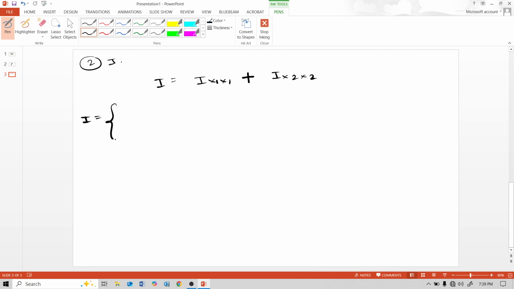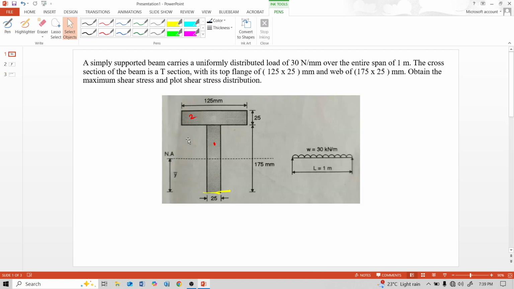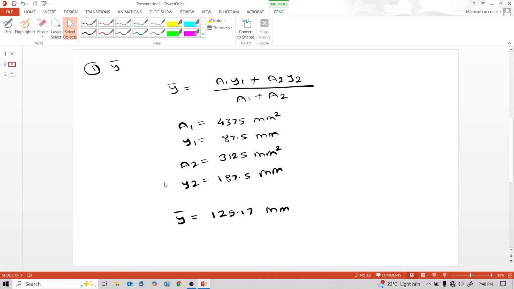We found the neutral axis is at a distance 129.17 mm from the bottom fiber.